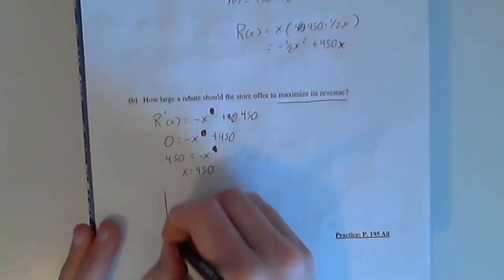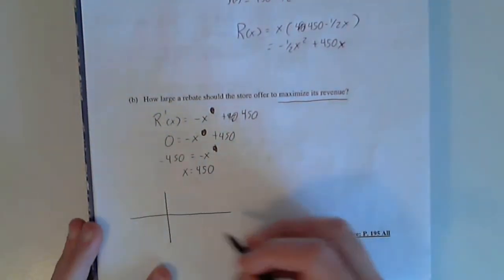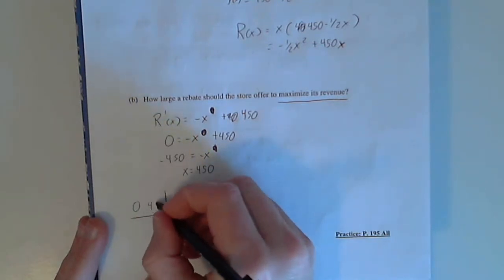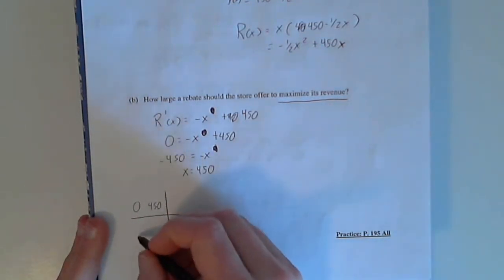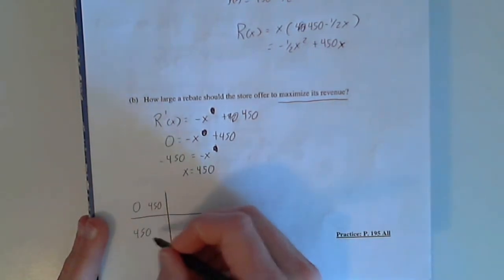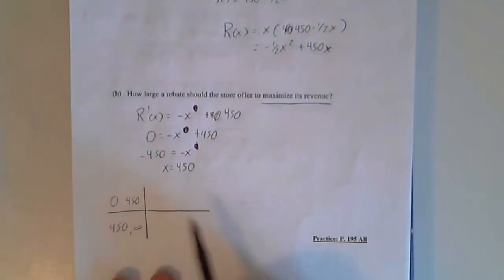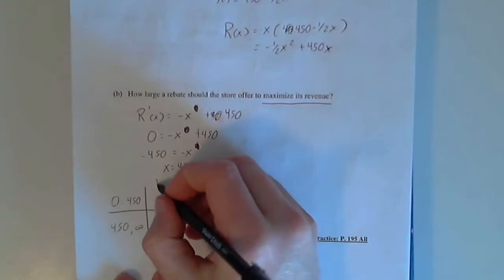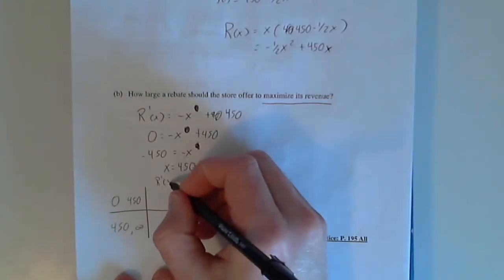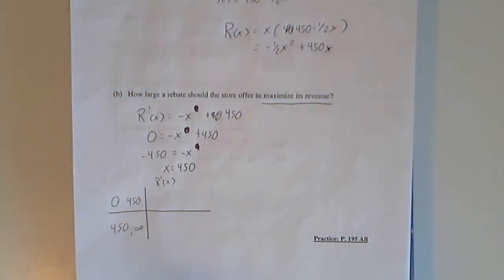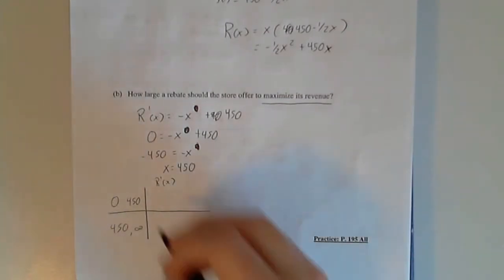Why don't we actually check this one nice and quick? So let's say 0 to 450, and 450 to infinity or whatever. We'll pick some number in here and check what R prime is. Why don't I just pick 100? Negative 100 plus 450 is positive.